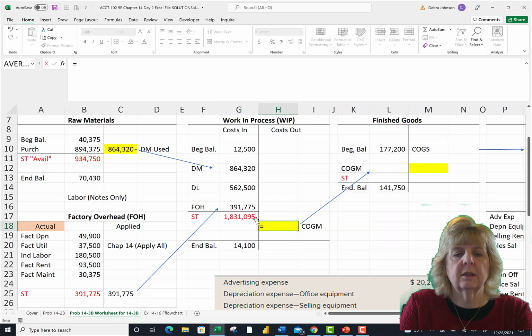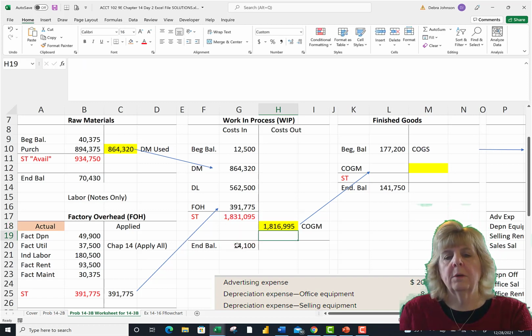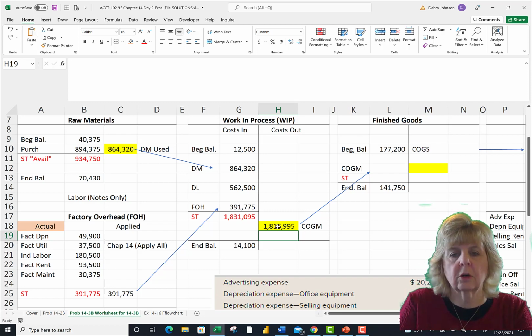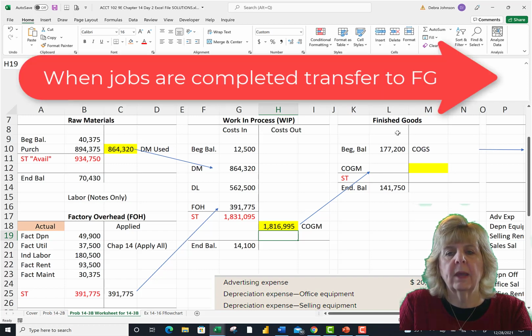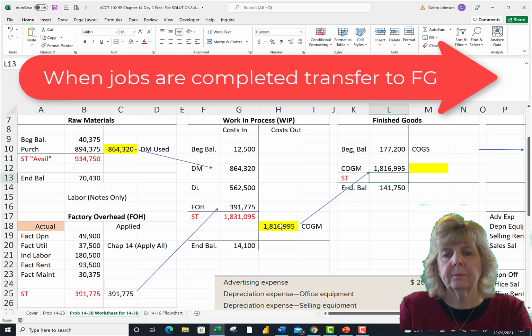So I'm going to take the difference between that red subtotal and my ending balance, and I got $1,816,995, which is the correct cost of goods manufactured. What happens when the jobs are finished? They're transferred out of WIP and into finished goods because they're now sitting in a warehouse ready to be sold.